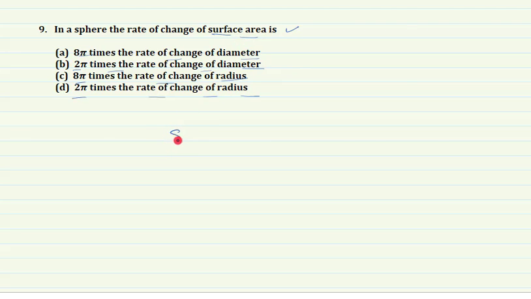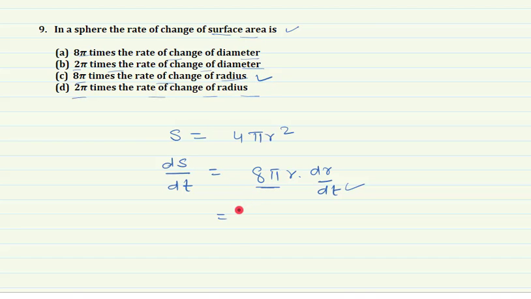We know very well that the surface area of a sphere is 4 pi r square, where r is the radius of the sphere. So the change in surface area, ds by dt, is equal to 8 pi r into dr by dt. So clearly this is 8 pi r times the change in radius. Okay, so therefore option C is correct for this problem.